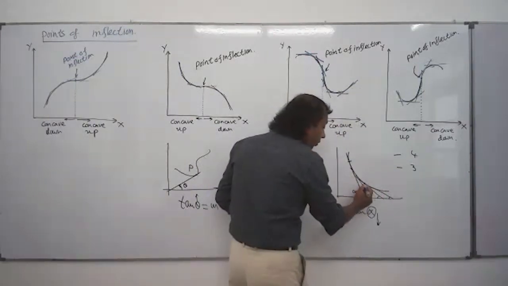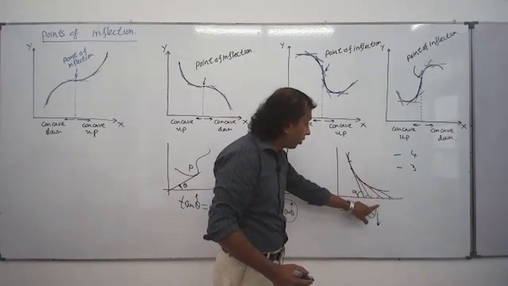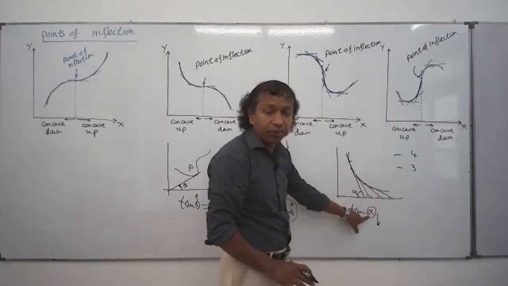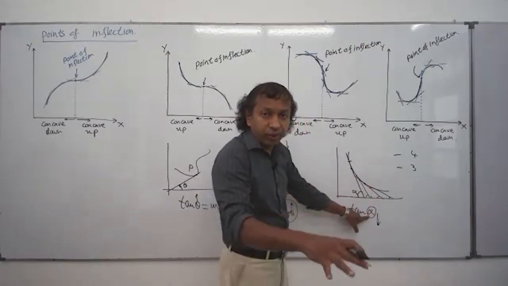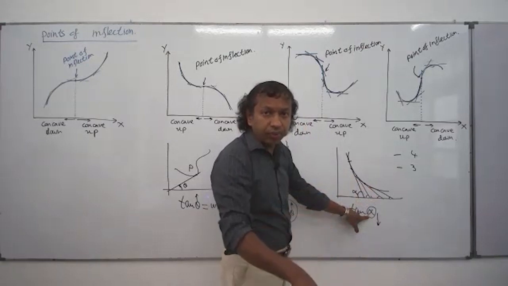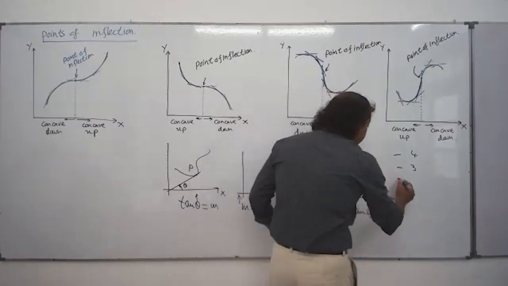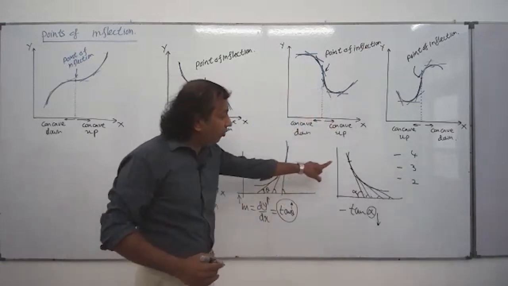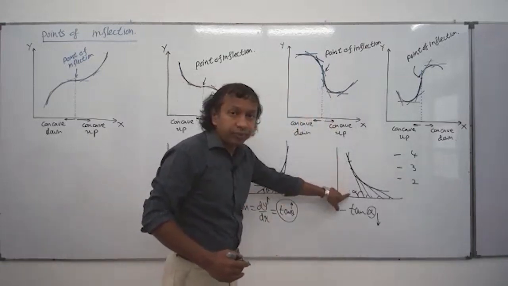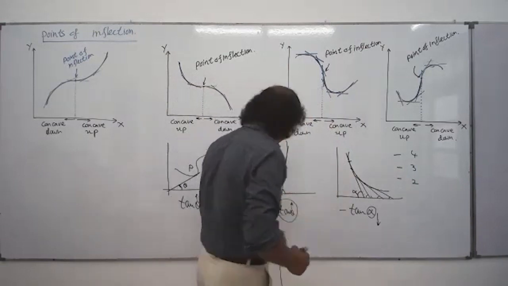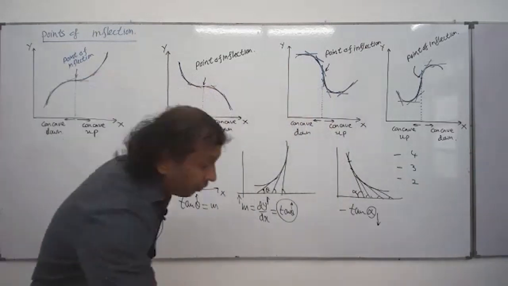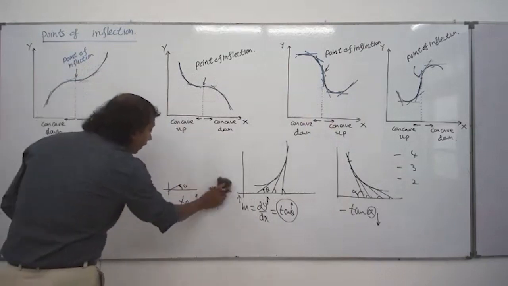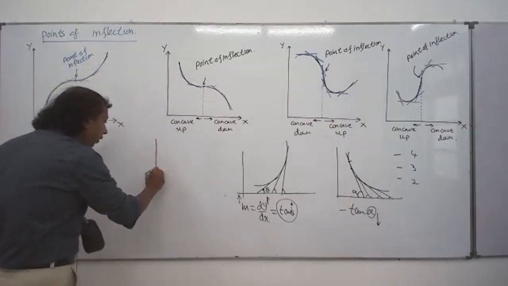When you come to somewhere here, people, again this angle, that means alpha, is furthermore going down. If alpha goes down, tan also goes down. But before we have a minus sign. Like this, we have minus 2. So you can see, if you have a graph like this, then you can see the nature of the gradient here.